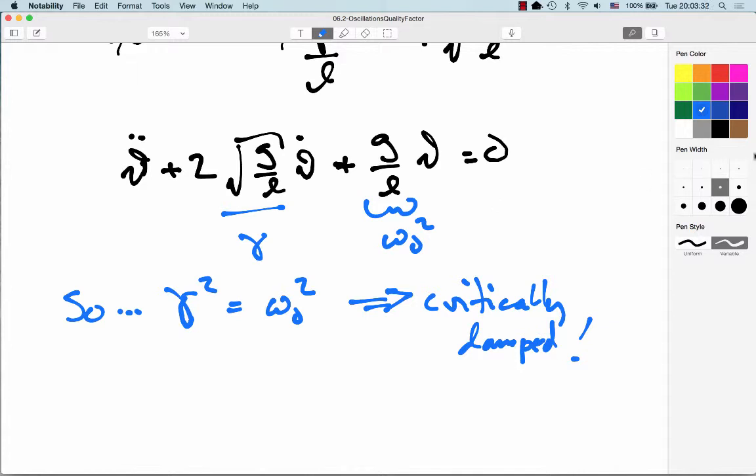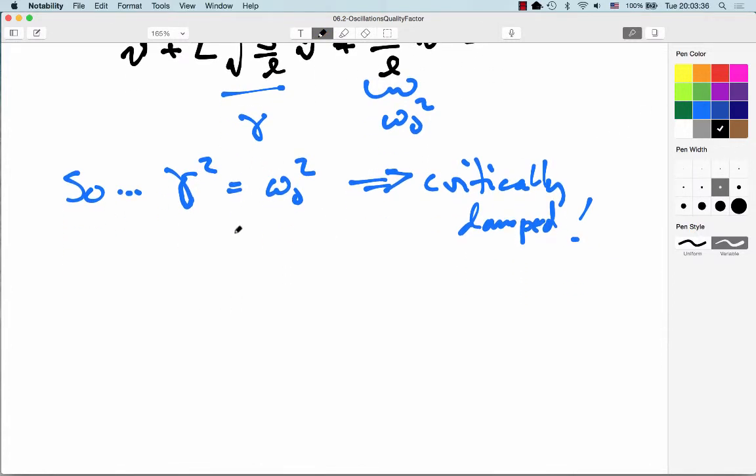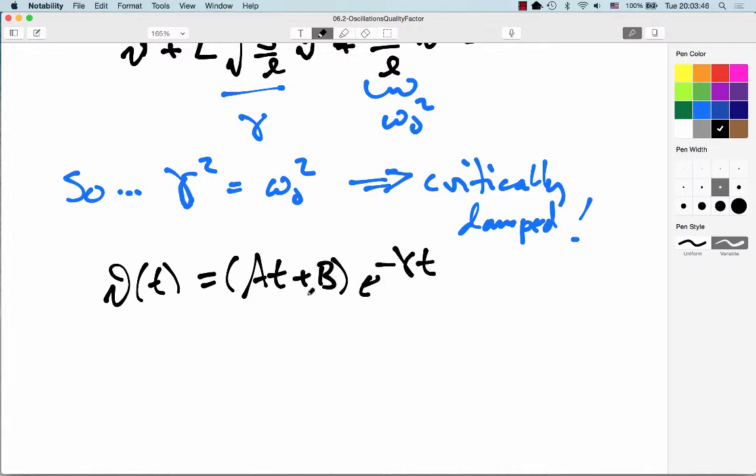Since it's critically damped, we've got to pull out our special solution with the extra kernel. So that'll be theta of t is equal to (a t plus b) e to the minus gamma t. So as before, a has to equal gamma b.